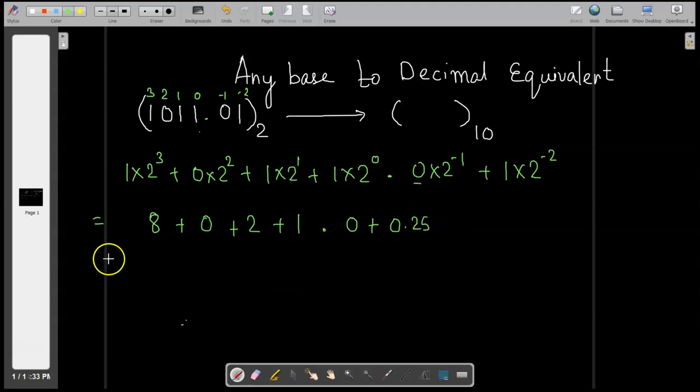So what do we get? 8 plus 2, 10 plus 1, 11, so 11.25. Wait, with the integer part 13: this will be our decimal equivalent for this number, 13.25. Is it clear to all of you? So we have seen how we can convert a binary number with a base 2 to its decimal equivalent.